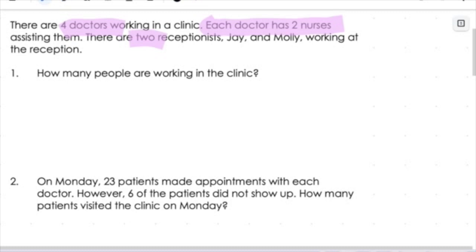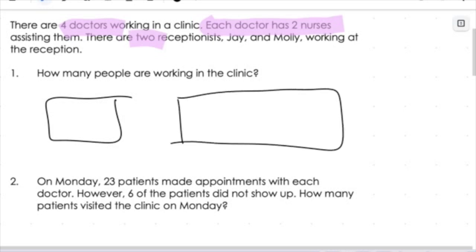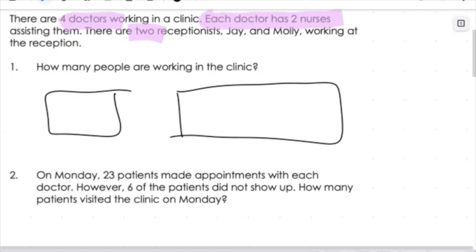So I have my doctors here, I have my nurses here, I'm just splitting this all up, and I have my receptionists here. So I have my doctors, nurses, and receptionists.